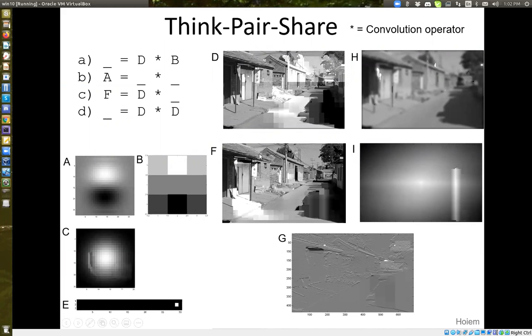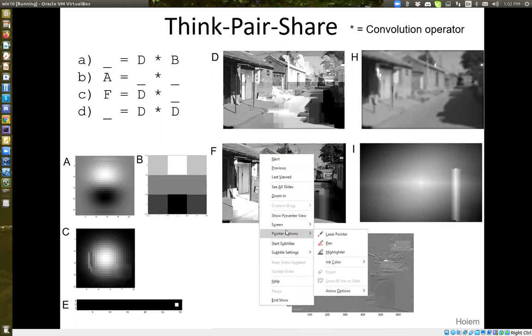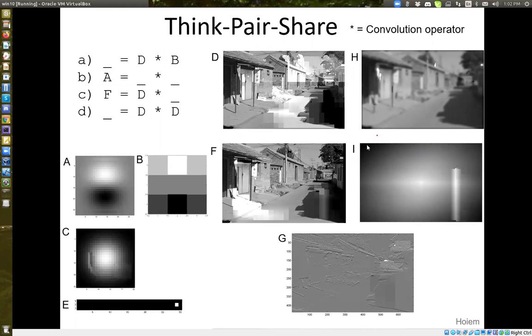Let me see if I can write here, even though it's really difficult to write here. I need to use the mouse for some reason. Okay, let me try that. This is a question here. H is equal to something convolved with something. So what is that something and something?